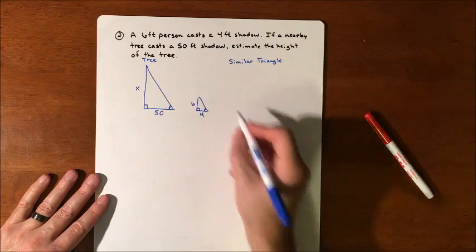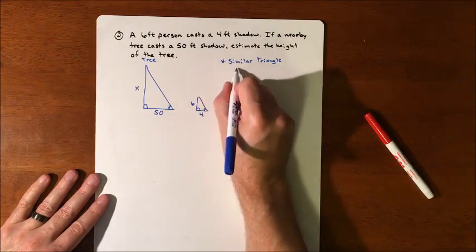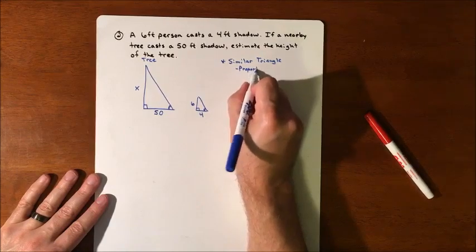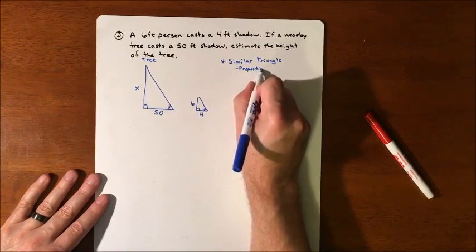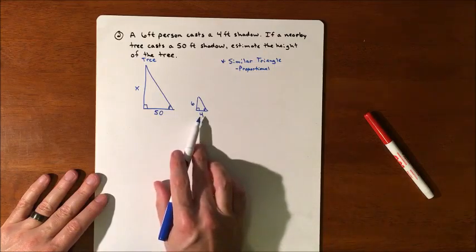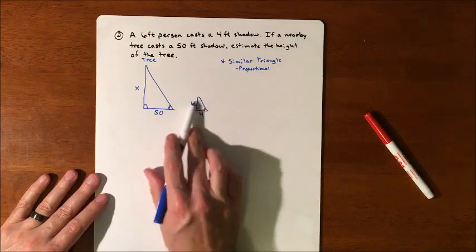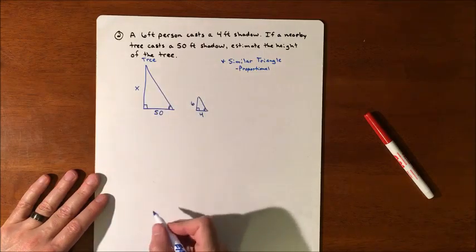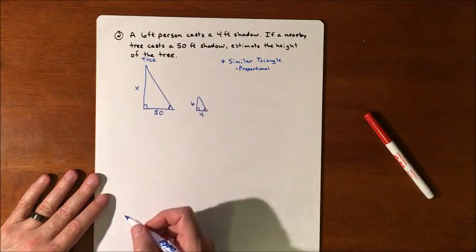As soon as we have that, that's actually important because our triangles are now going to be proportional. And so the sides are going to be proportional. So whatever the scale factor is to this triangle compared to this triangle, it's going to be throughout all of the pieces. So we can set up a proportion.